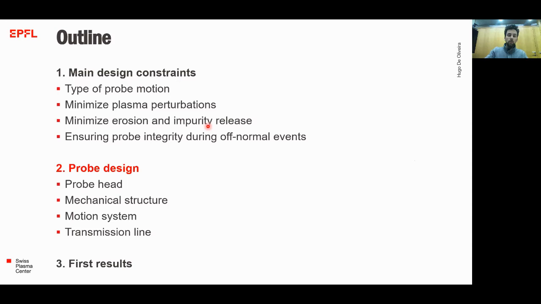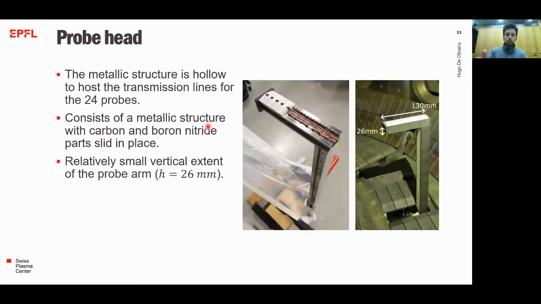So now I will unveil the design and how the design is answering all the constraints we discussed before. First of all, the probe head. The L-shaped probe head is made of titanium tubular hollow shape. This solid piece is very lightweight and tough at the same time, and it can host all of the cables.